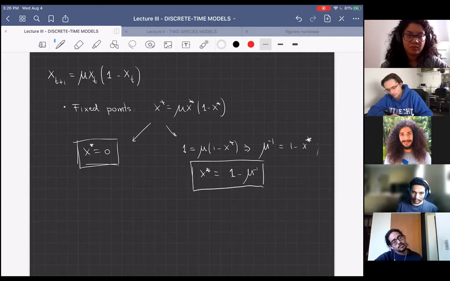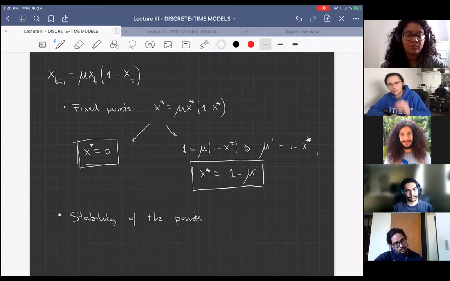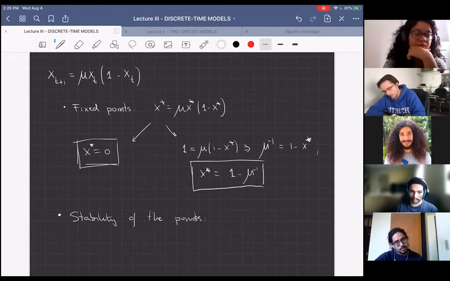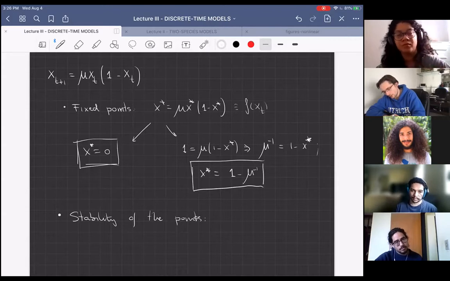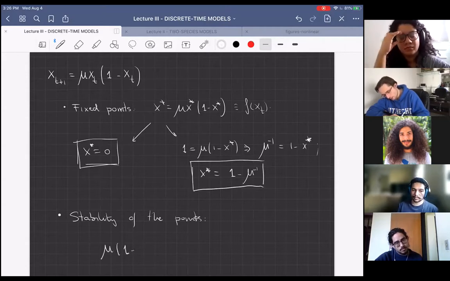The next thing that you probably want to do is to calculate the stability of the points. How do I calculate the stability? I just need to calculate the derivative of f(x_t), and that's going to be mu times (1 minus 2x_t).